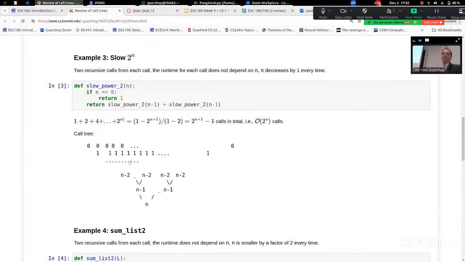So here is another example that we can think of. Let's say that I want to compute 2 to the n. And the way I will compute 2 to the n is like this. I'm saying 2 to the n minus 1 plus 2 to the n minus 1 is equal to 2 to the n.